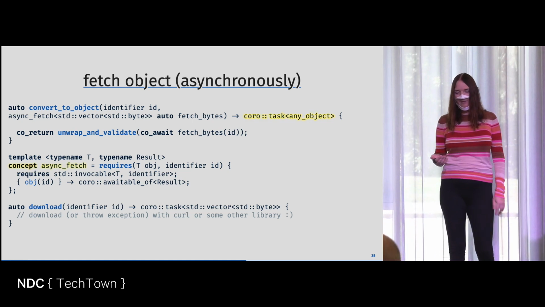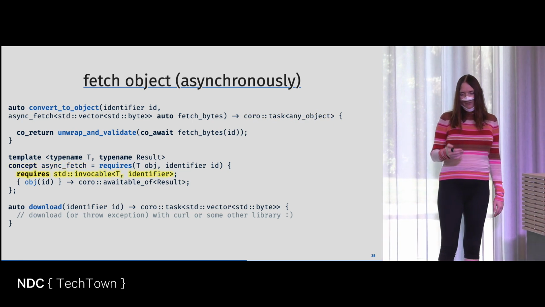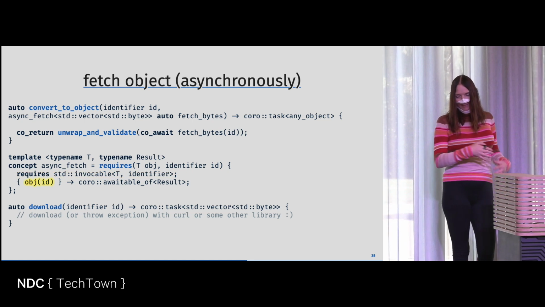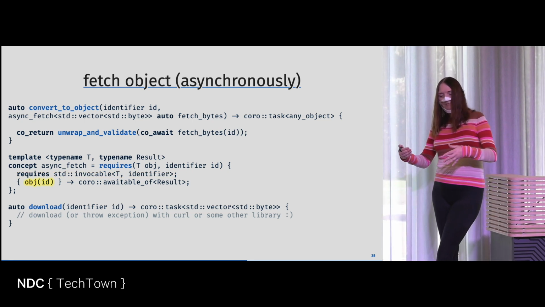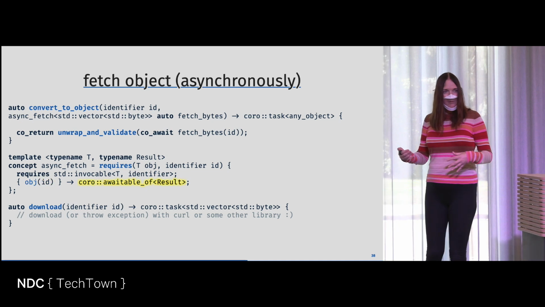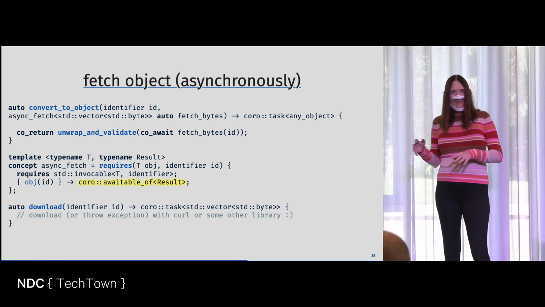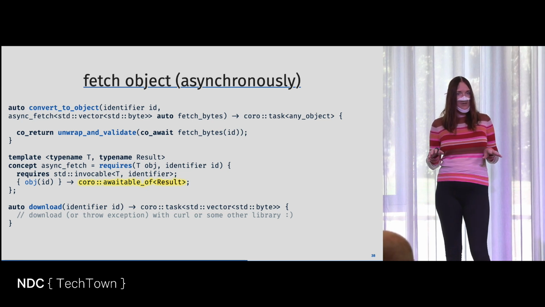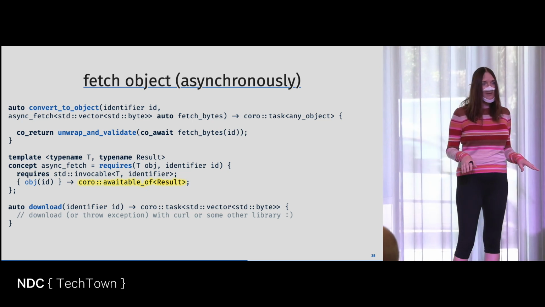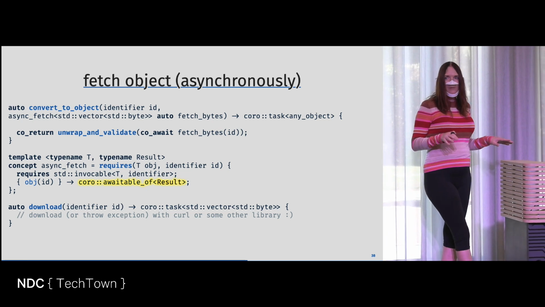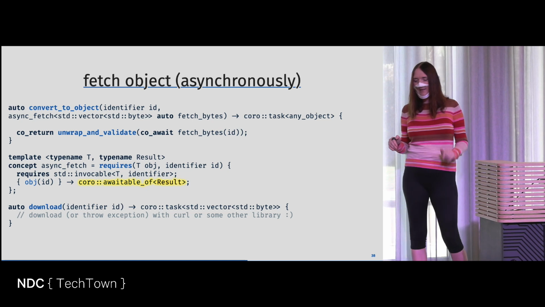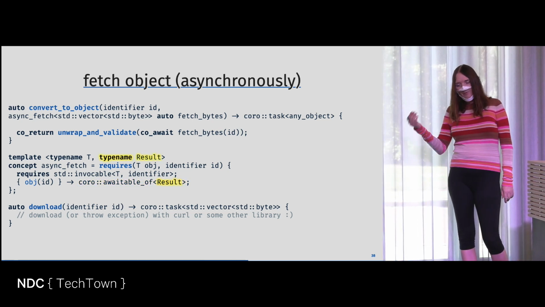Everything is asynchronous. The async fetch function needs to be invocable. If you call it with an identifier, it needs to return an awaitable. This is not part of the current standard library, but there are multiple libraries you can use, like cppcoro or others.